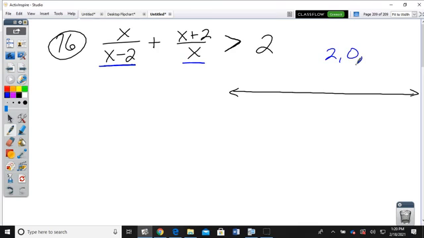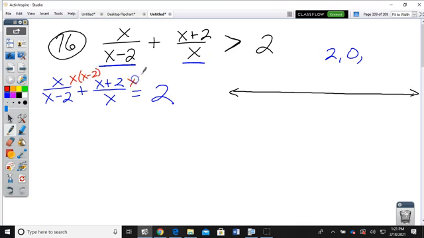So we're going to pretend it's an equal sign: x over x minus 2 plus x plus 2 over x equals 2. I'm going to multiply everything by the common denominator, which would be x times x minus 2.